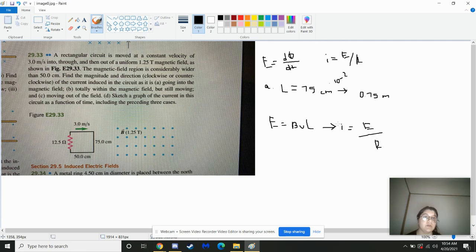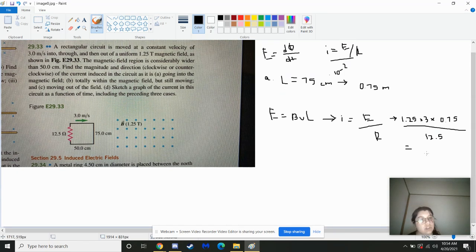Since E is equal to BVL, we can just put BVL in lieu of E. So that's going to be 1.25 for the magnetic field, times 3 for the velocity, times the 0.75 meters that we just calculated, over 12.5 ohms, which is going to be our R. And when we do that, we are going to get 0.225 A, okay?